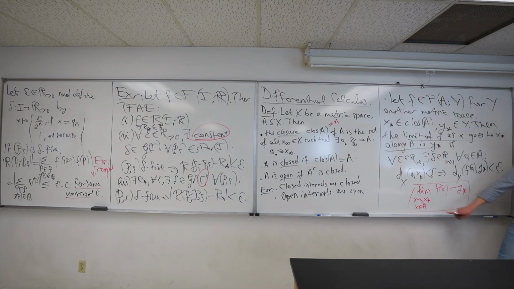Okay, so if I didn't have this, you see x in A, that would be the standard limit that we've been using so far. I'm saying take the limit along A. Okay. I hope you can guess how this could be useful in the context of partial derivatives and stuff like that, for instance.